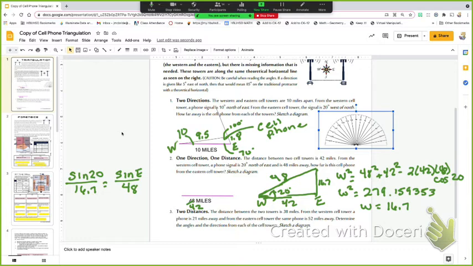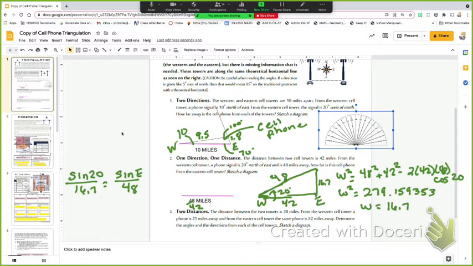And you can find angle E. And you probably should maybe get an obtuse angle. I don't know. So the sine of 20 divided by 16.7. Whoops, sorry, 48 sine of 20.